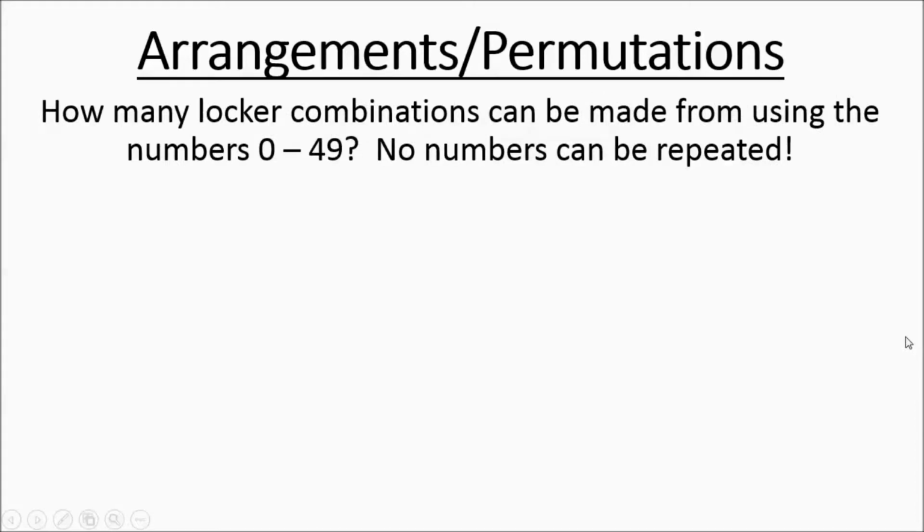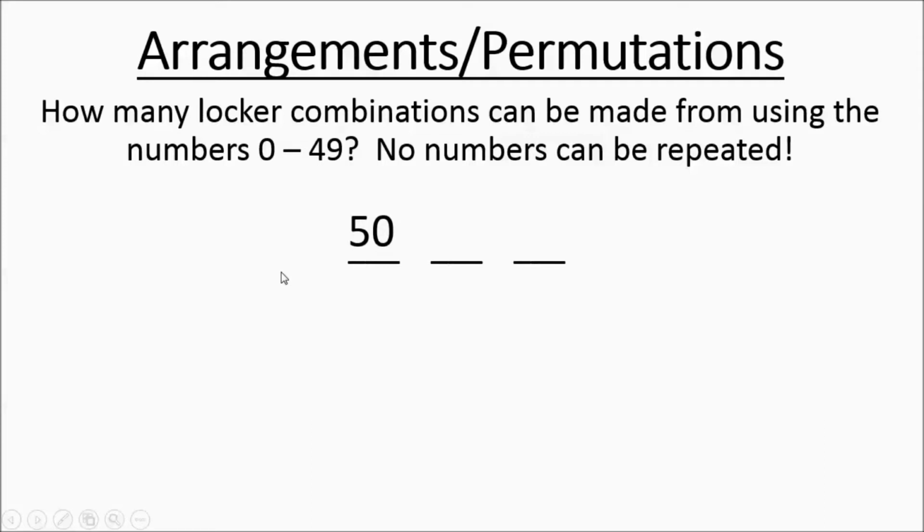How many locker combinations can be made from using the numbers 0 to 49? No numbers can be repeated. So locker combinations, you have 3 number locker combinations. So 0 to 49. Now some kids might put 49 here. But remember, 1 to 49 are your numbers, but also 0 is a number on your locker. So there's 50 choices.